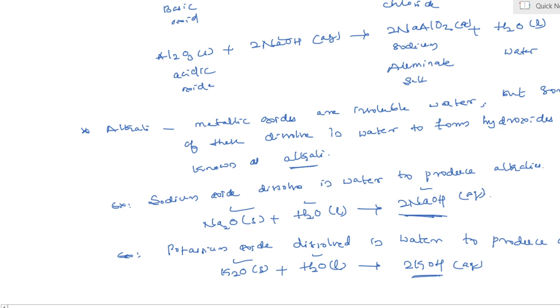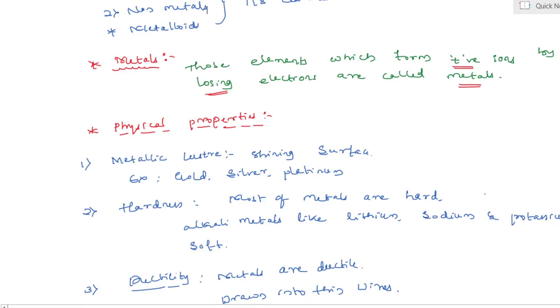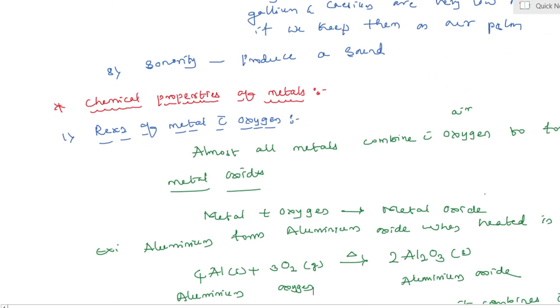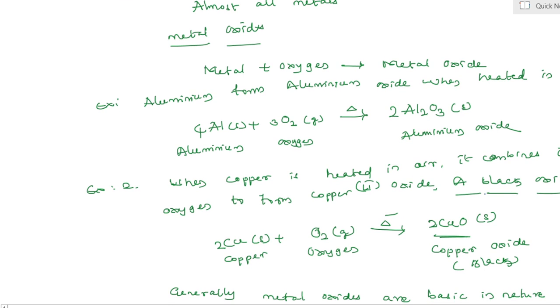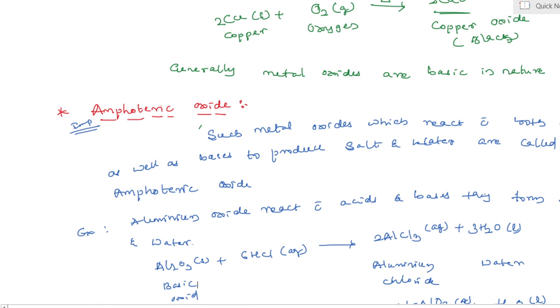In today's class we discussed the introductory part of metals and non-metals, in which we covered the physical properties of metals and the chemical properties of metals, including the reaction of metals with oxygen. When metal reacts with oxygen it gives rise to metal oxide, with some examples.